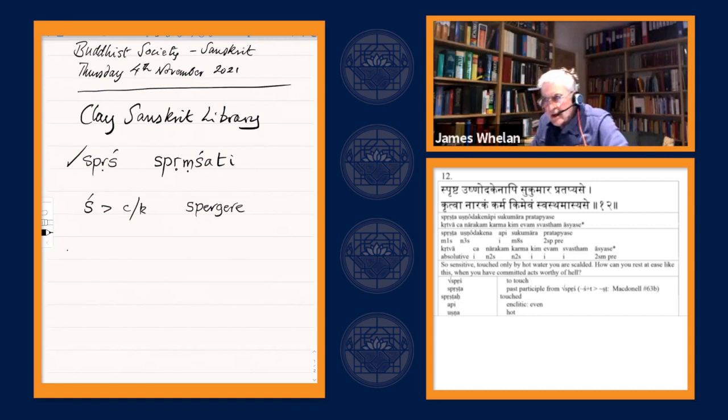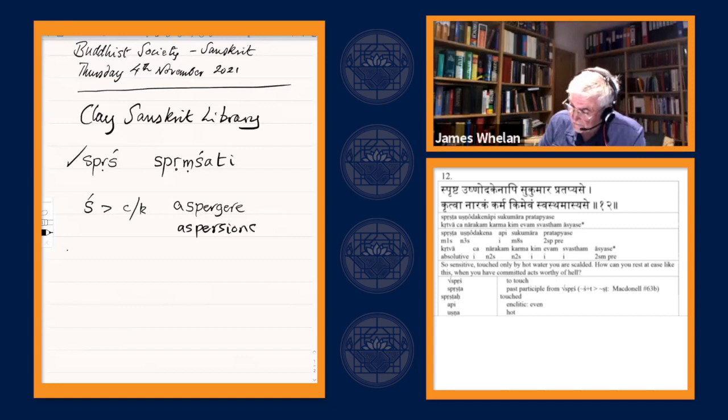spergere in Latin, more commonly found in the form aspergere, asperges me domine hyssopo et mundabor. The elderly Roman Catholics among you will remember that. You shall sprinkle me, O Lord, with hyssop, and I shall be cleaned. Aspergere, and in English, by the way, if you cast aspersions on somebody, it's from that same root.